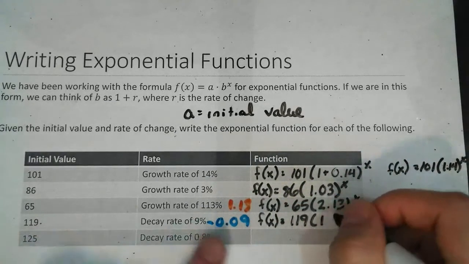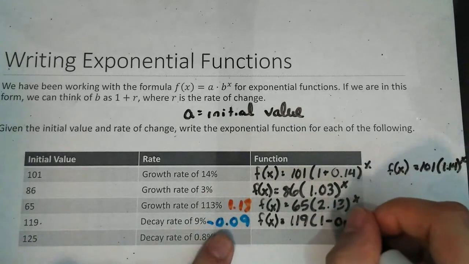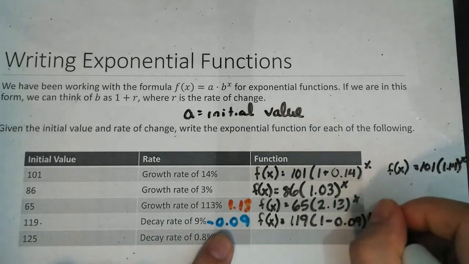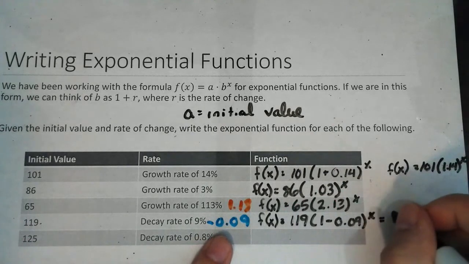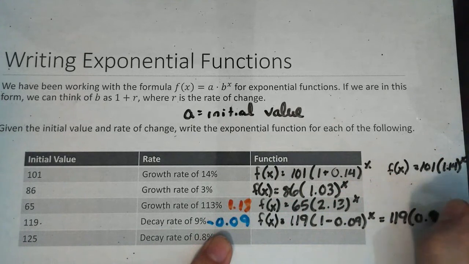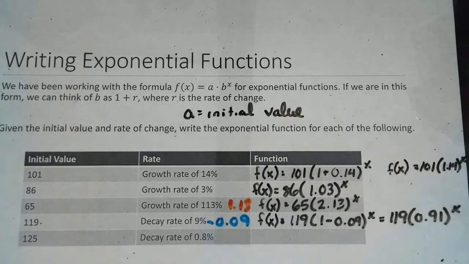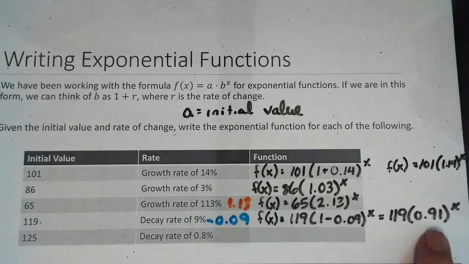In parentheses, I'm going to have 1 minus 0.09. That'll be raised to the x. So that's going to simplify to 119 times 0.91 raised to the x. This is going to be decay because my b value is between 0 and 1. So we see that that's how that decay rate comes in.